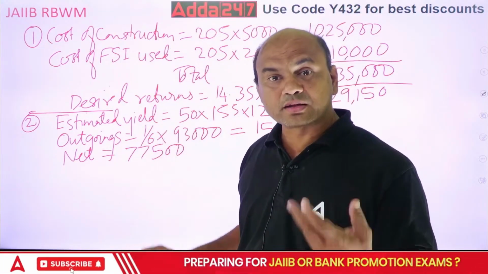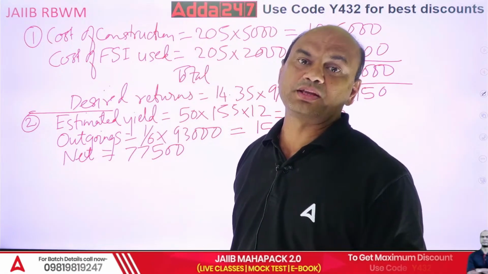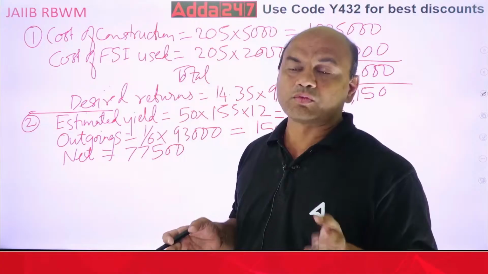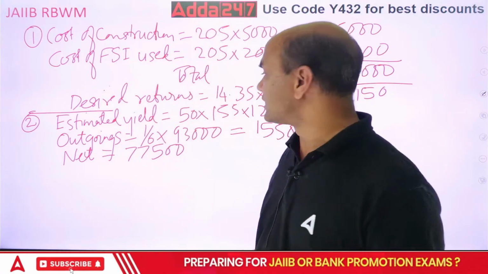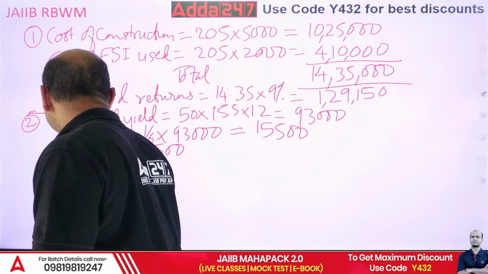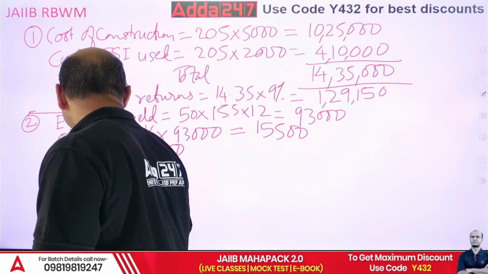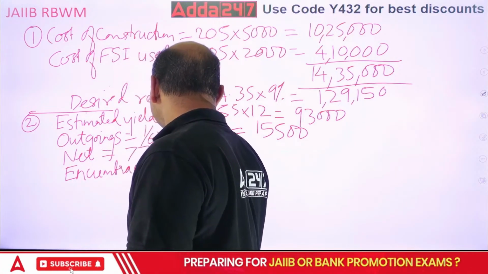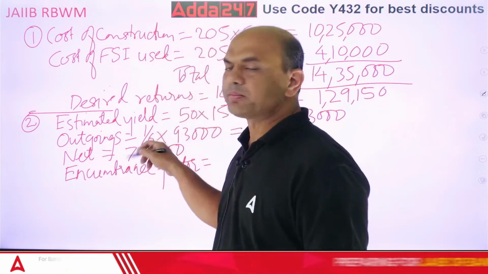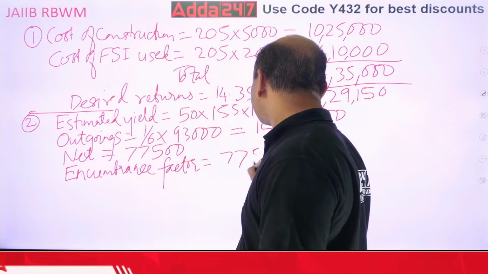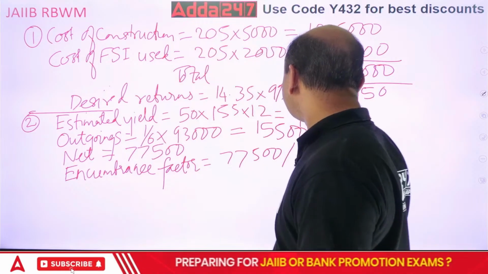Now what is my encumbrance factor? Encumbrance factor means whatever I am getting gross, whatever I am getting net, what is the percentage? So encumbrance factor equals net upon gross. So net upon gross is 77,500 divided by 93,000.